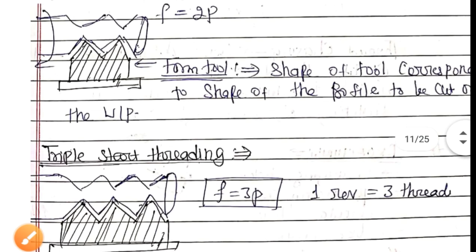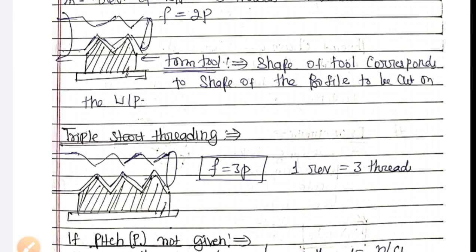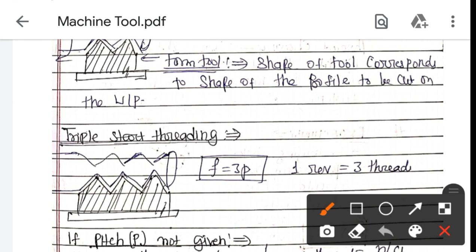Okay, and then the form tool is a tool whose shape corresponds to the shape of the profile to be cut on the workpiece. For double start threading the form tool will be something like this. Suppose it is triple start threading, the form tool will be something like this.